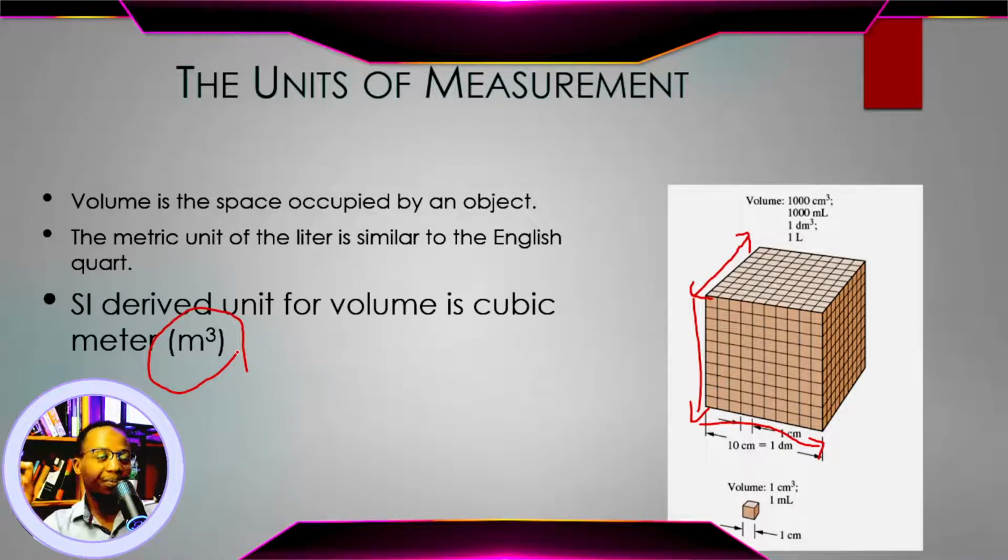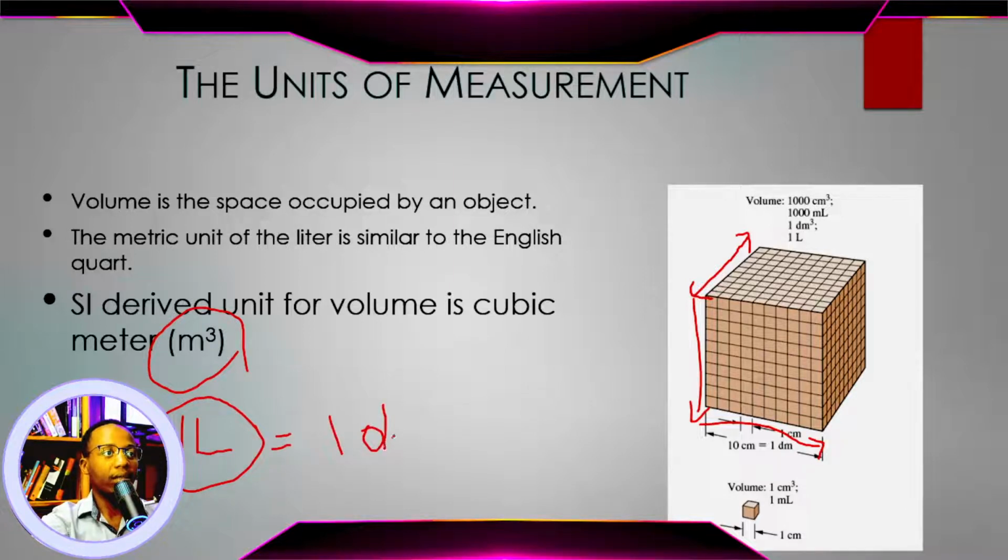But even though that's the SI unit, we use liters a lot. So 1 liter is equal to 1 cubic decimeter.